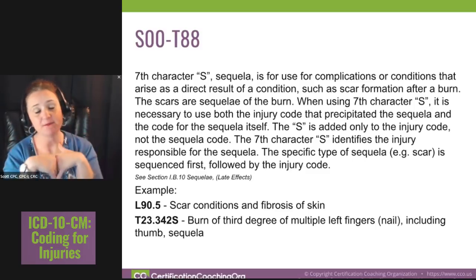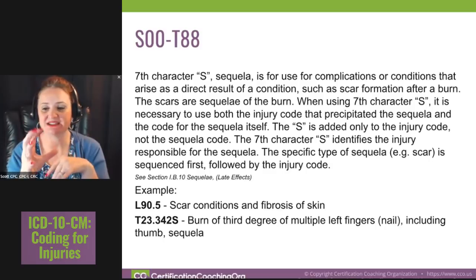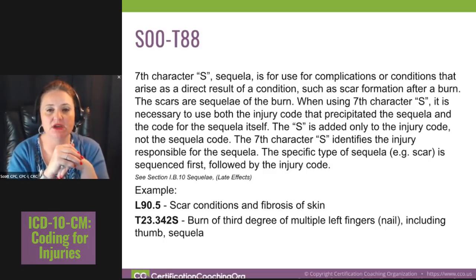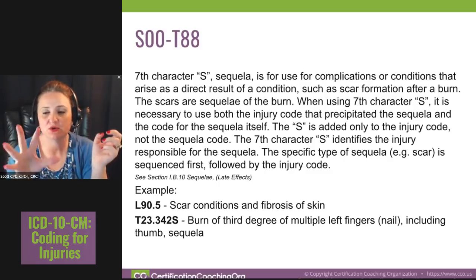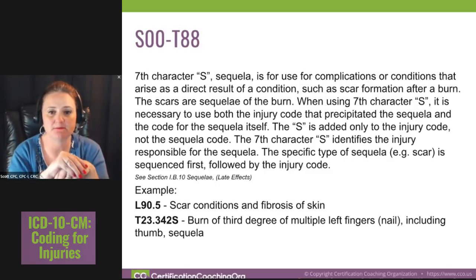Because of the skin. It's not the bones that are the problem. It's the skin. It stiffens and doesn't have the elasticity that we have. So why is the patient being seen? Because of scar tissue, fibrous skin. That's L90.5. Okay, so that's why they're being seen.